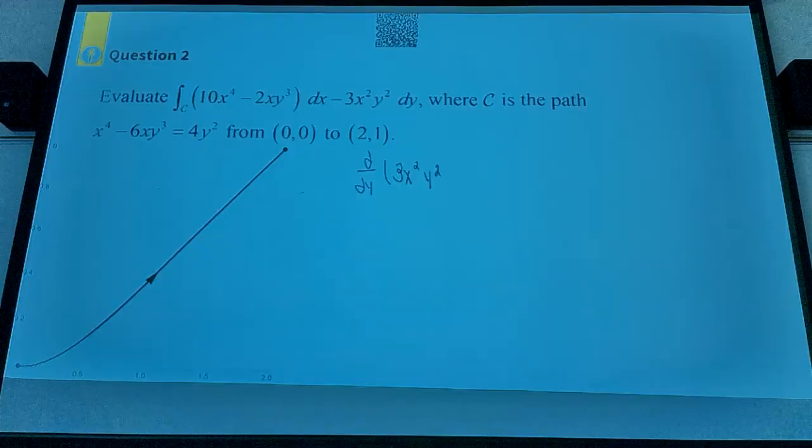No, I'm sorry, that's partial x. You want partial x of your y component. Negative 6xy squared, right? Partial y of the x component.